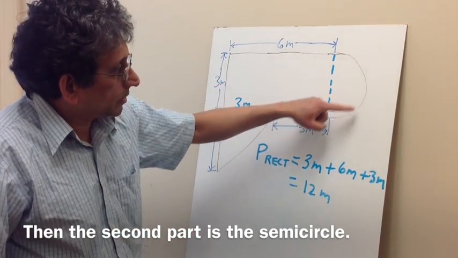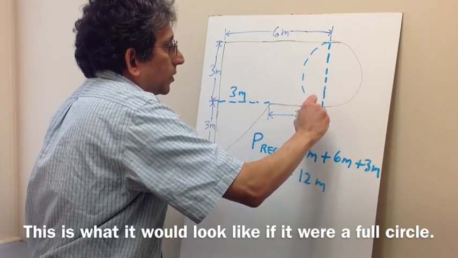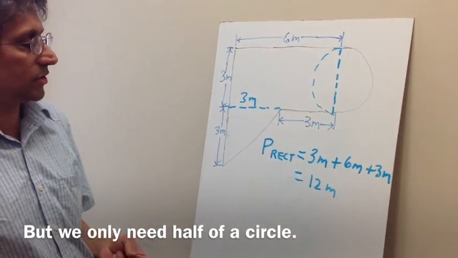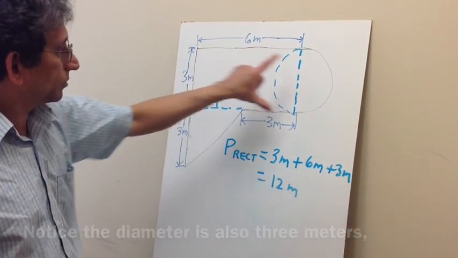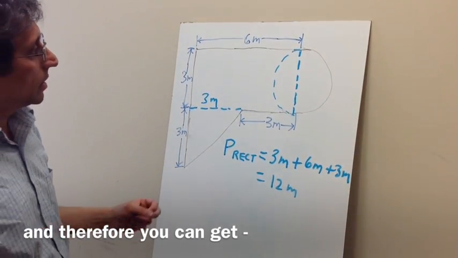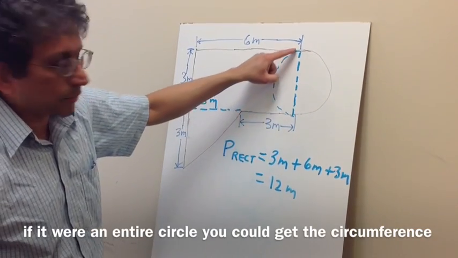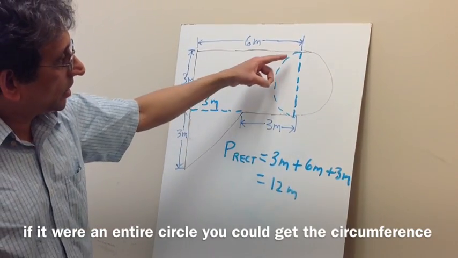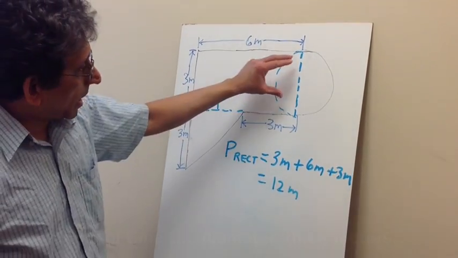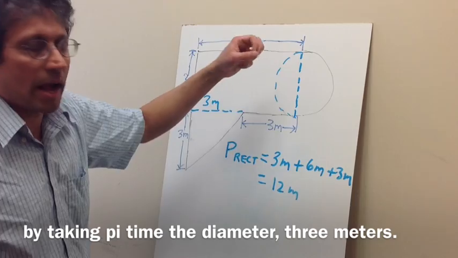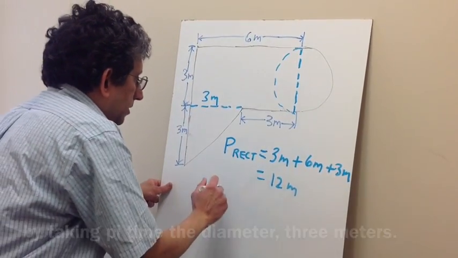Then the second part is the semicircle. This is what it would look like if it were a full circle, but we only need half of the circle. Notice the diameter is also 3 meters, and therefore, if it were an entire circle, you could get the circumference or perimeter of a circle by taking pi times the diameter, 3 meters.